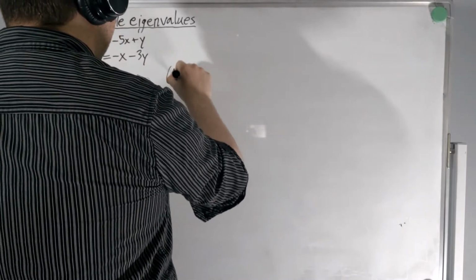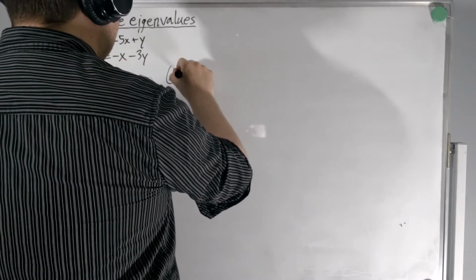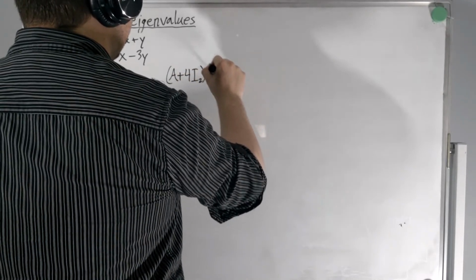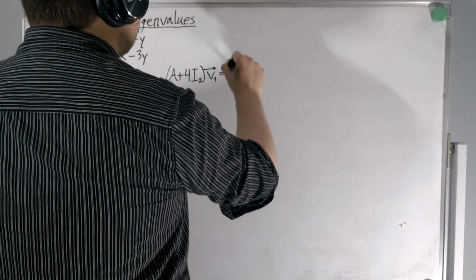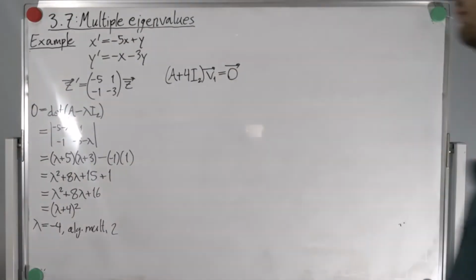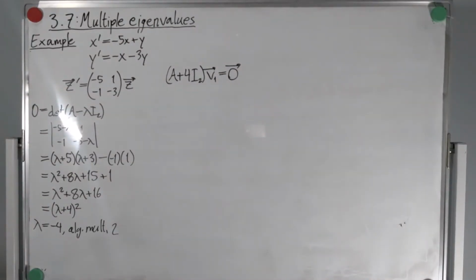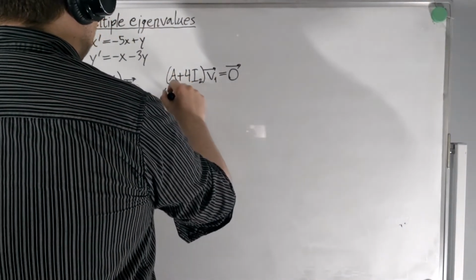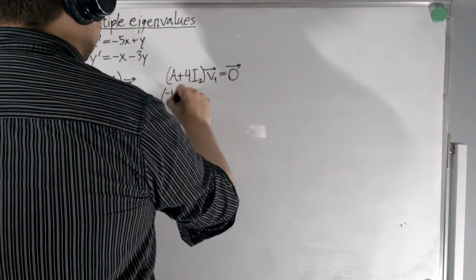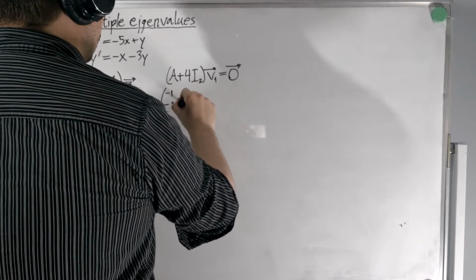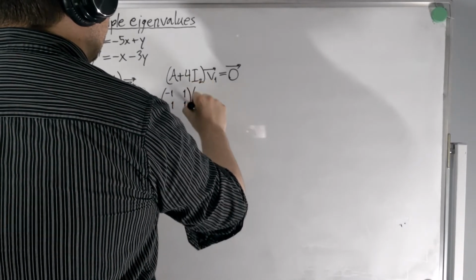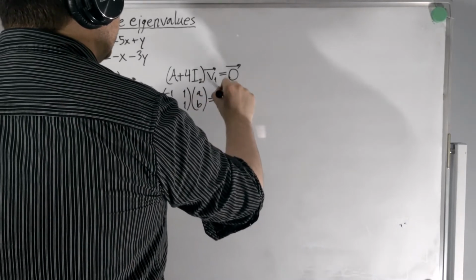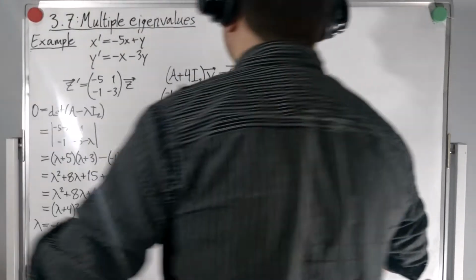So we need A minus lambda I2 times v1 vector equals the 0 vector. In this case, that looks like negative 1, 1, negative 1, 1 multiplied by, let's call it a, b, is equal to 0, 0.